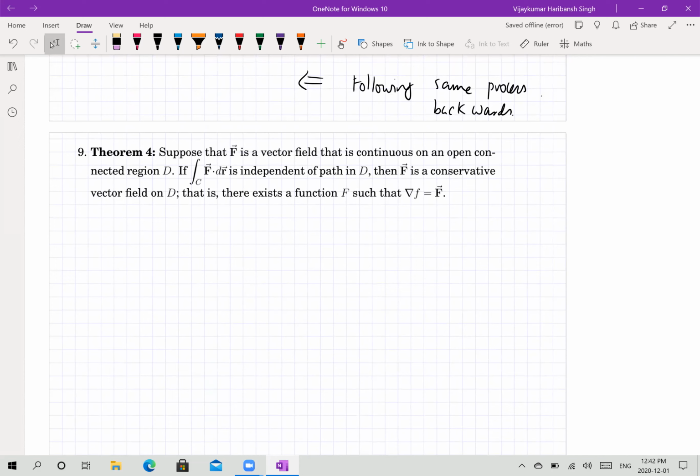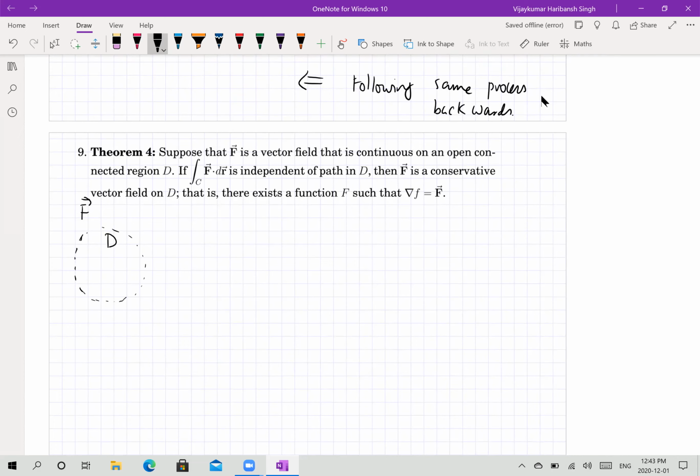All right. Now let's look at the following. Suppose F is a vector field that is continuous on an open connected region D. So you have an open and connected region D, and a vector field F acting on it.